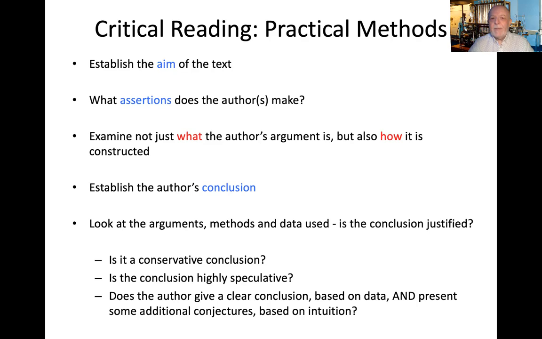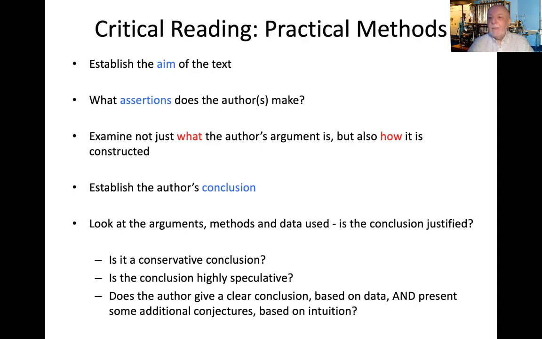Okay, examine not just what the author's argument is, but how they got to it, how they constructed that argument. Sometimes what you'll find when you read papers is that the construction part is rather vague. They don't give you many details.